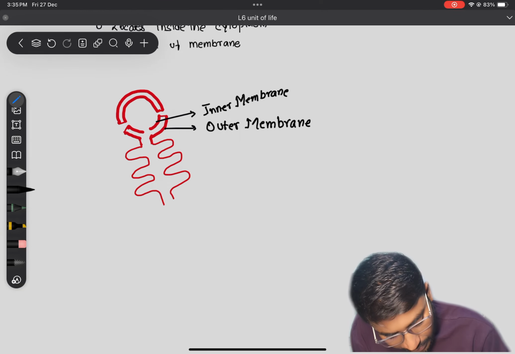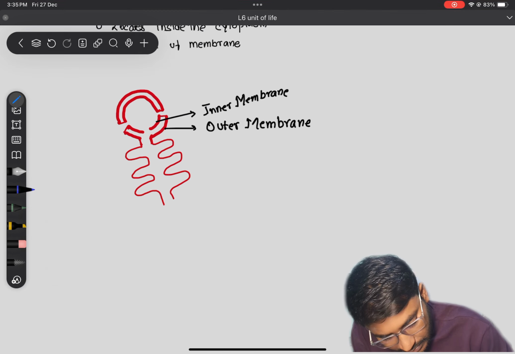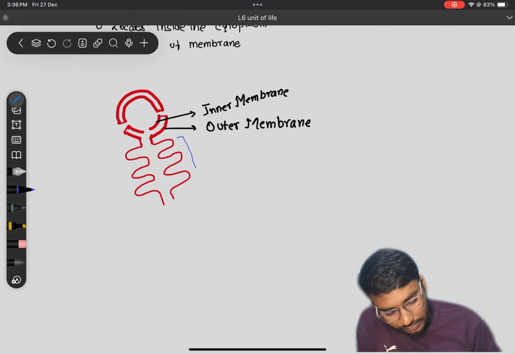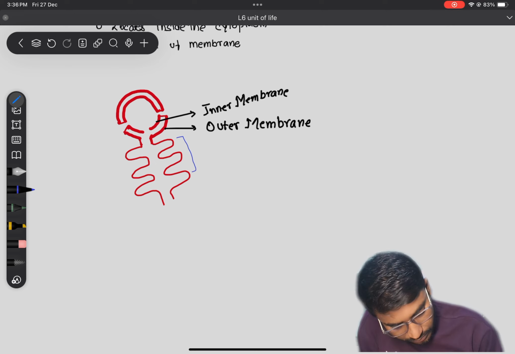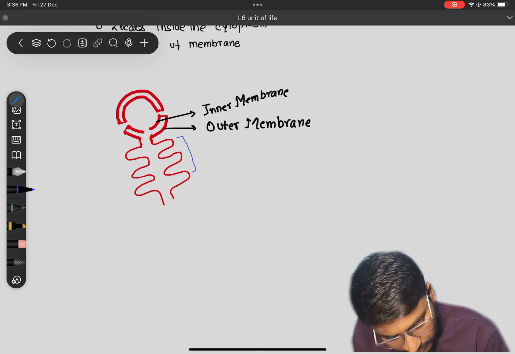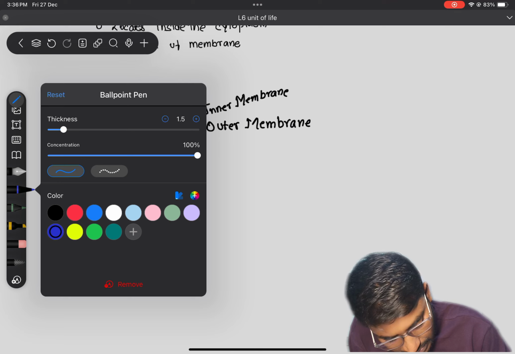Now here this is the rough endoplasmic reticulum, the RER.